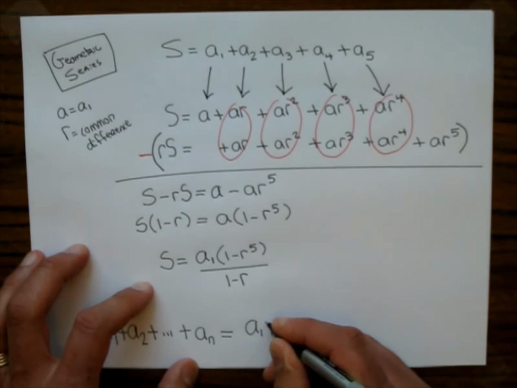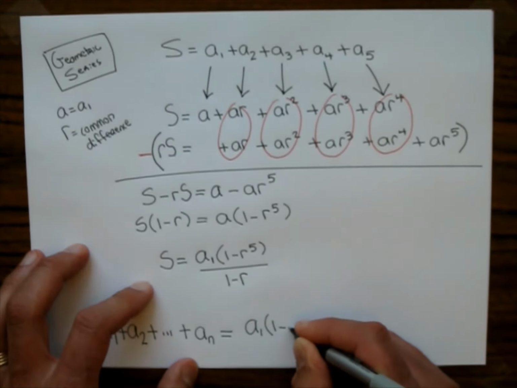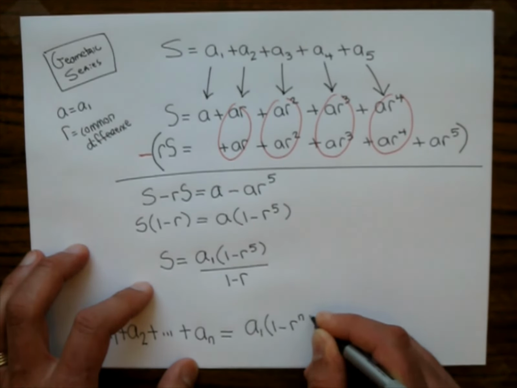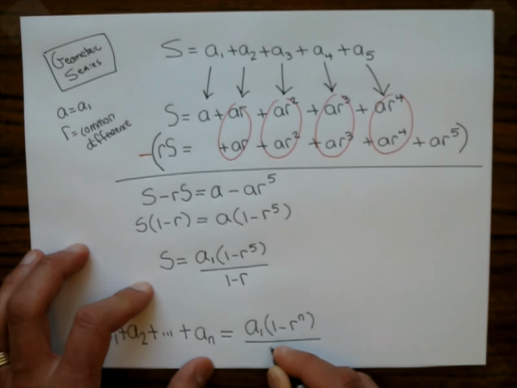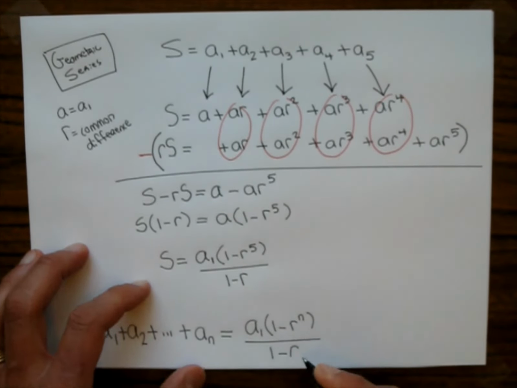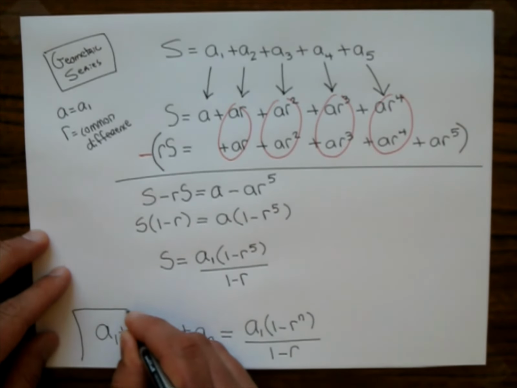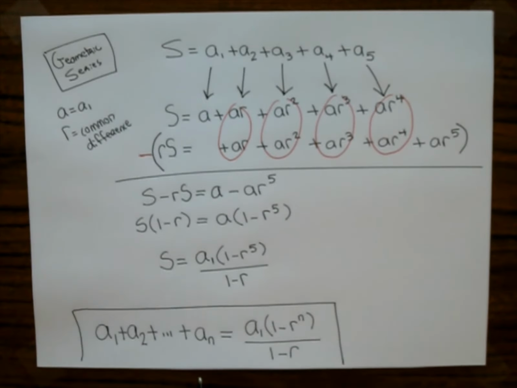So I have A1 times 1 minus R to the n, all over 1 minus R. And so we have just derived the sum of the first n terms of a geometric series.